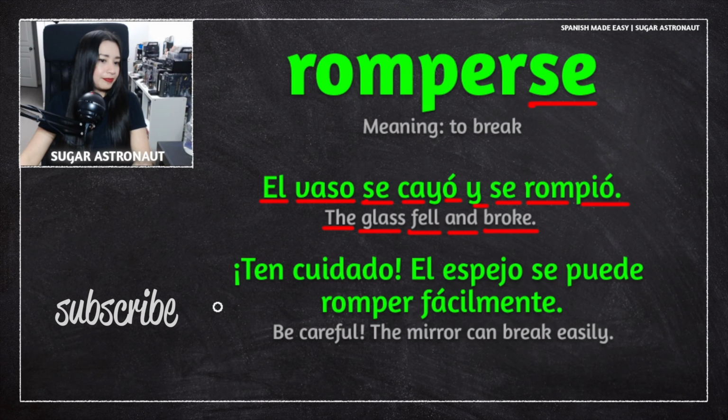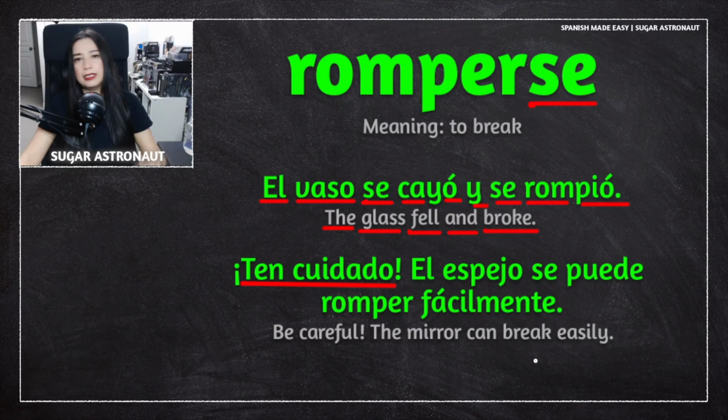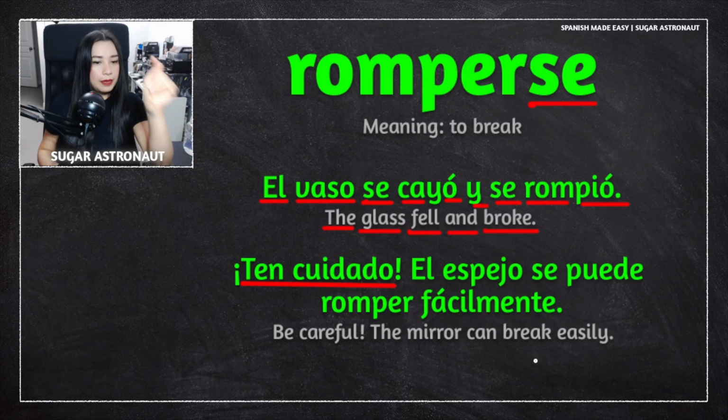And let's break this down and let's see how this sentence works. Okay, ten cuidado. This phrase, as I said before, means be careful, and you're saying this to another person, singular, you. You be careful. Ten cuidado. Tú ten cuidado. You don't need tú, obviously. You just need the phrase ten cuidado. Be careful.